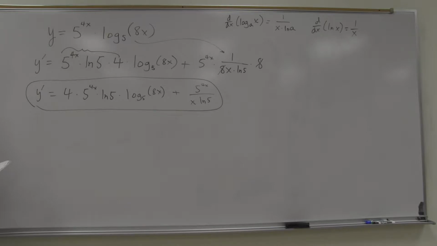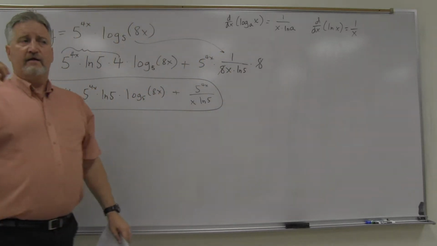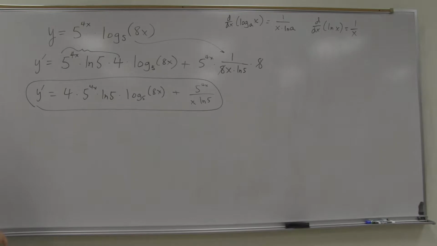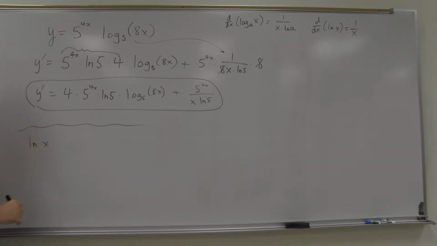Okay, now, one other thing about logarithms: ln of x, log base a of x, we mentioned this before, but the x is limited. If I have ln of x, the x has to be greater than 0, doesn't it?